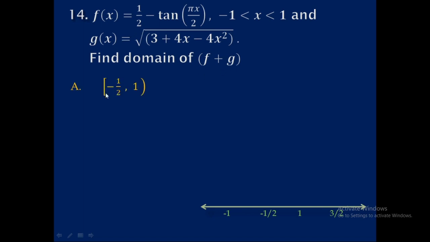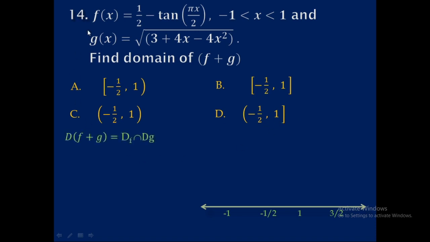The first option A: semi-open interval minus half to 1. Second option B: closed interval minus half to 1. Third option C: open interval minus half to 1. And the fourth option D: semi-closed interval minus half to 1.